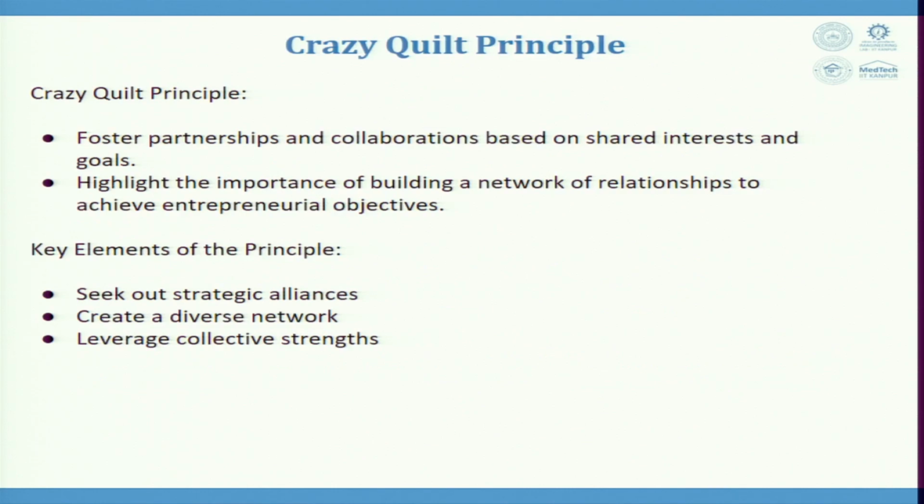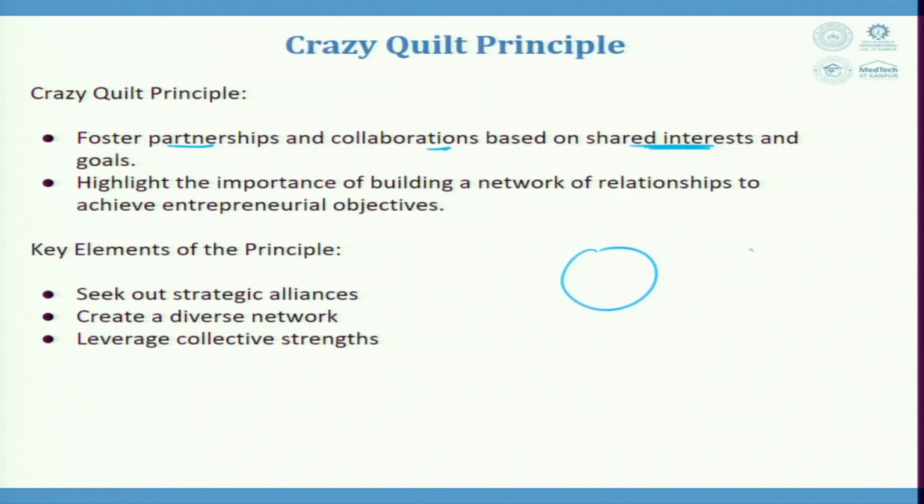Next is the crazy quilt principle. Foster partnership and collaboration based on shared interests and goals. Highlight the importance of building a network of relationships to achieve entrepreneurial objectives.